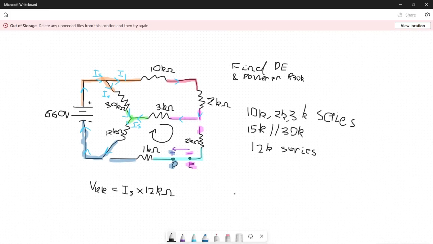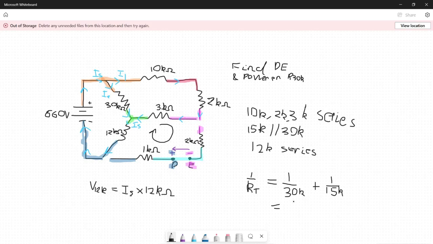So if we plug in the equation, 1 over RT is going to equal 1 over 30K plus 1 over 15K, because the 15 is the 10 plus 2 plus 3.